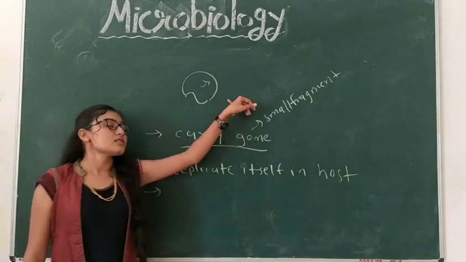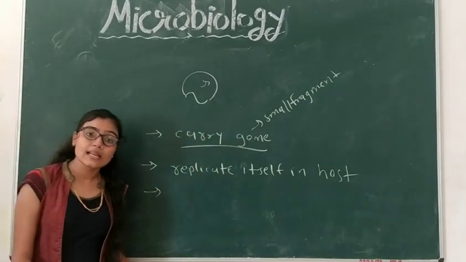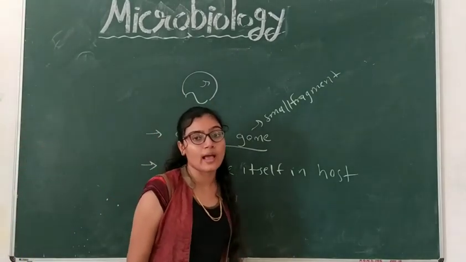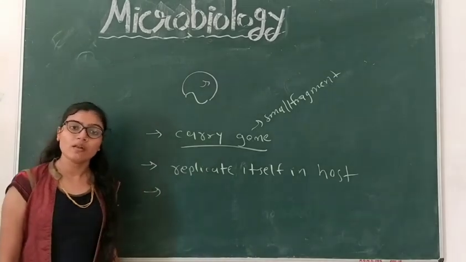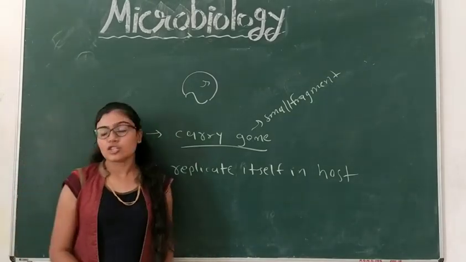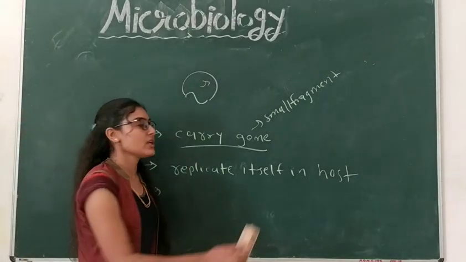And the last characteristic of the vector is that it can be easily isolated from the host cell. That is why we use suitable vectors for gene cloning in prokaryotic cells.